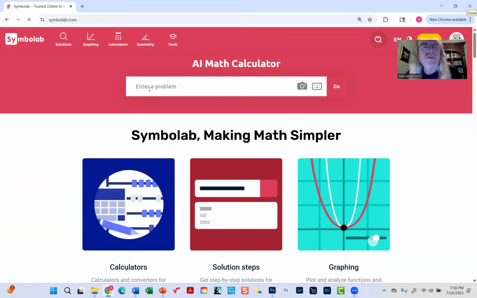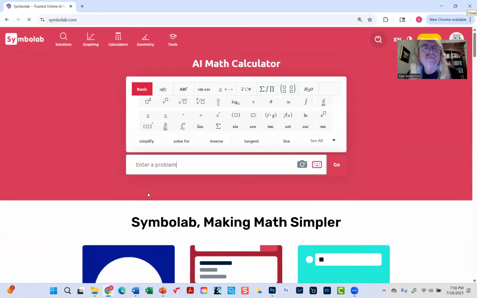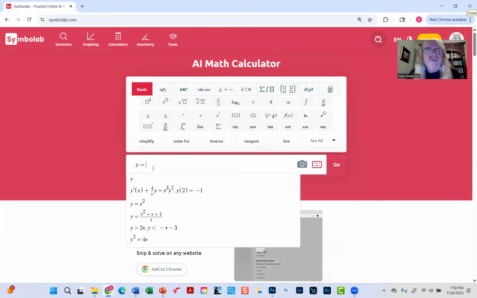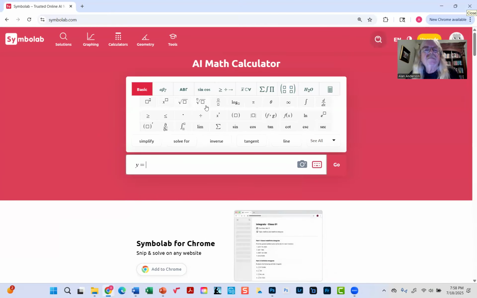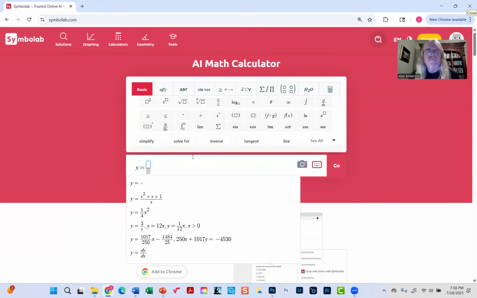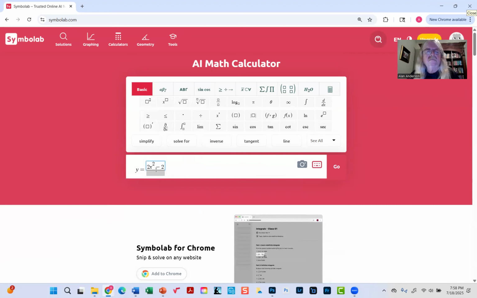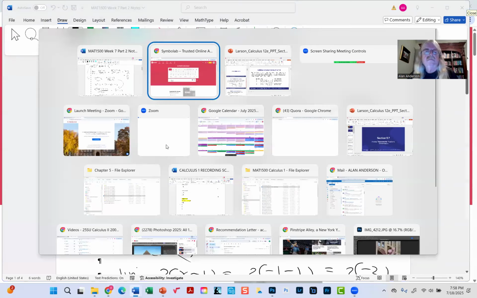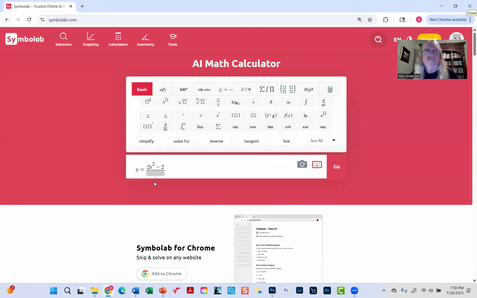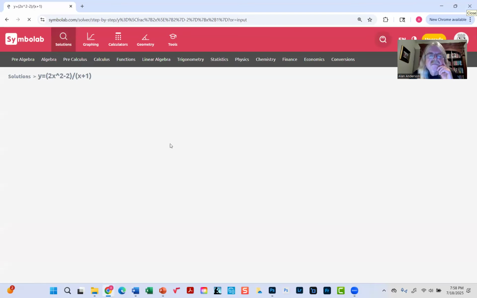All right, let's look at this graph. So first, we just want to take a look at the graph of 2x squared minus 2 over x plus 1. All right, let's take a look.